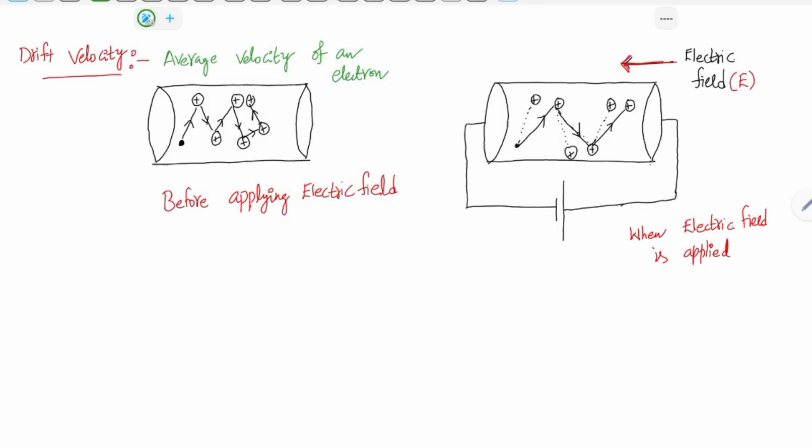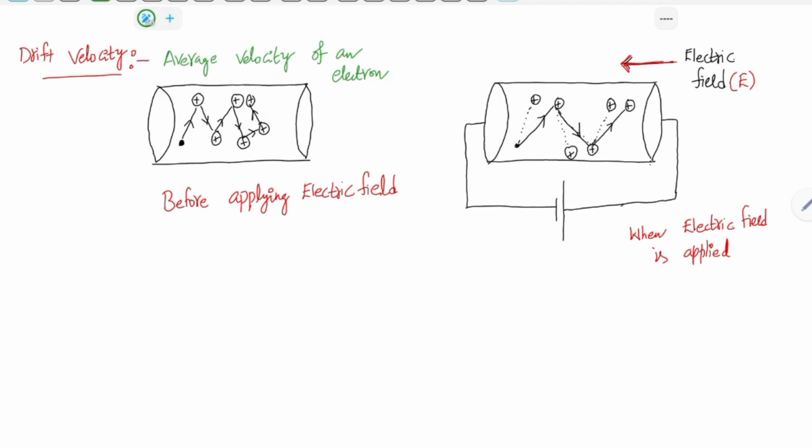So we know that if you take any conductor, I took a cylindrical conductor, we will see the situation before applying some electric field. The electron here is represented with a small dot. Let us take a copper wire.